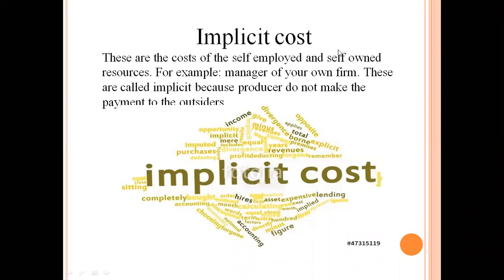But if you are the owner as well as the manager, in that case you are not paying the salary to outsider. In that case, what type of cost will it be? The salary to own self. That would be the implicit cost. Very good. I hope now this is clear to all.